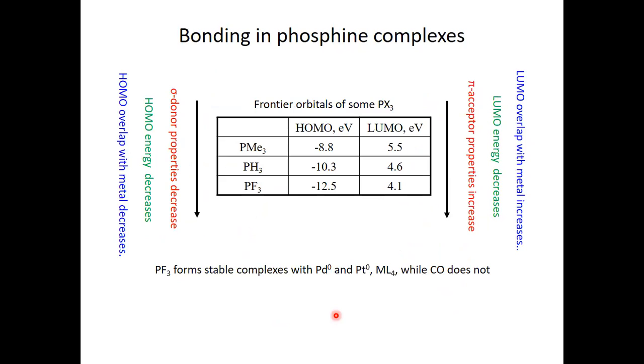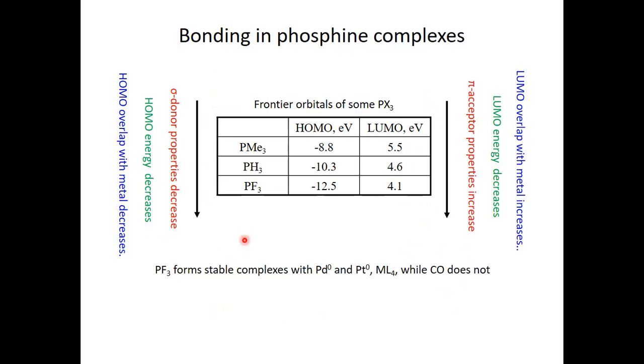Okay, so now you can actually fine-tune your phosphines by attaching the appropriate substituents in order to tune the sigma donor properties as well as the pi acceptor properties.